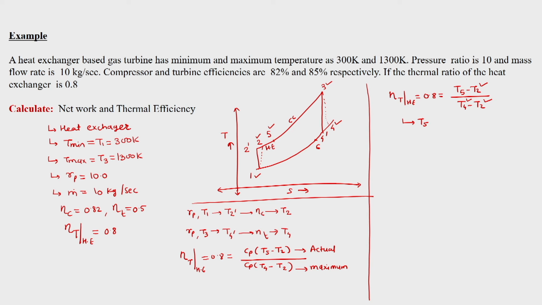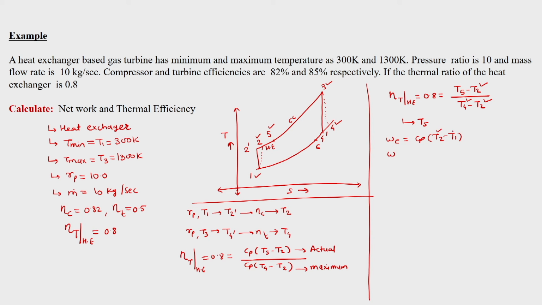So this should be explicit. Then we can start finding out work. We know that compressor work is Cp into T2 minus T1. Or some people can use the formula Cp into T2 dash minus T1, but in that case they have to divide this by the compressor efficiency.